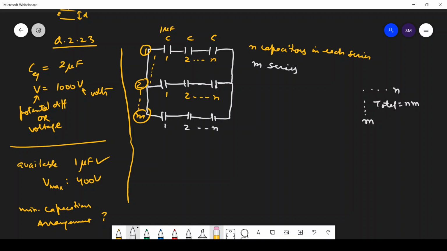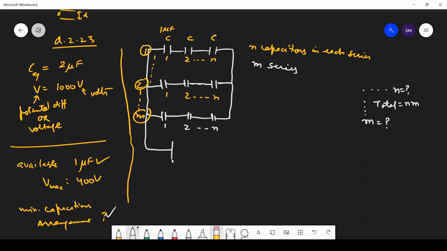This kind of arrangement will be there. Now we need to find out what n is and what m is. As I have just discussed, in series the potential is divided, but in parallel the potential difference is the same. So how much is the potential difference?